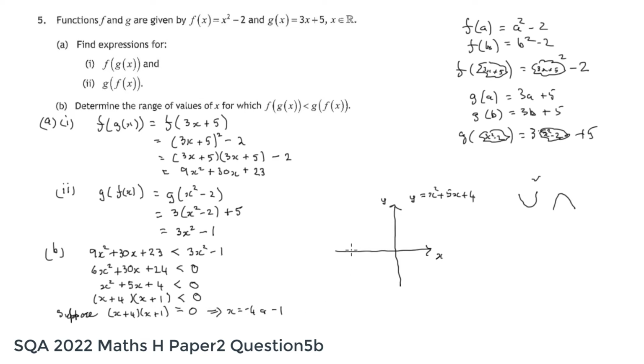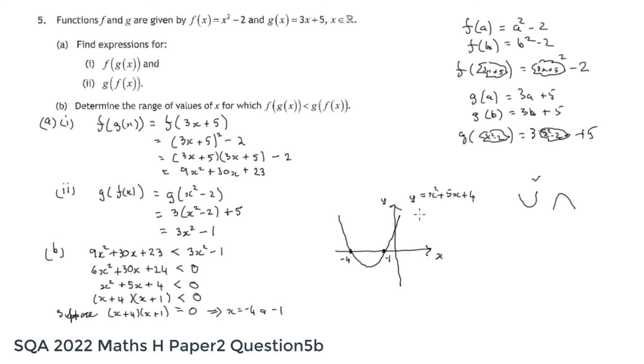It crosses the x-axis at negative 4 and negative 1. So the graph is a parabola crossing the x-axis at negative 4 and negative 1. And now I've got all the information I need to solve this final question, because it's asking when the values of x squared plus 5x plus 4 are less than 0.